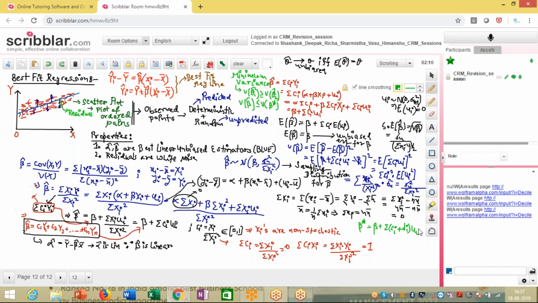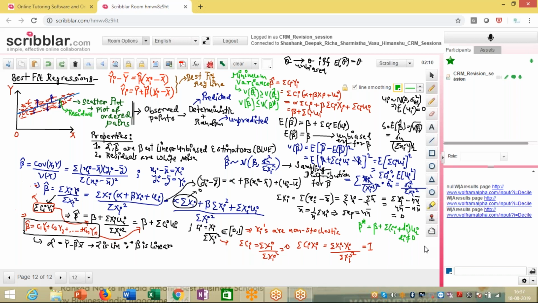What I'm doing over here is, we saw that the best linear unbiased estimator over here is Ci, right? So I'm just adding a deviation term to that. One thing that is very important is that Di is not equal to 0. So this deviation is either a positive deviation or a negative deviation. It is never a zero deviation. So beta star is beta plus this value into ui.